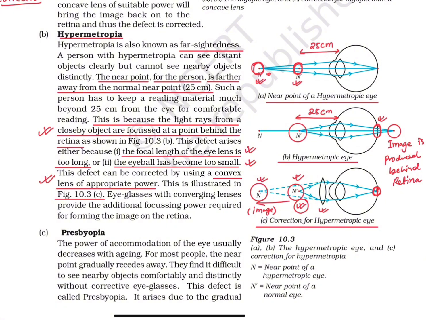So these are the two factors leading to these defects. We also have to remember that normal near point is 25 centimeter. And that is all about hypermetropia.